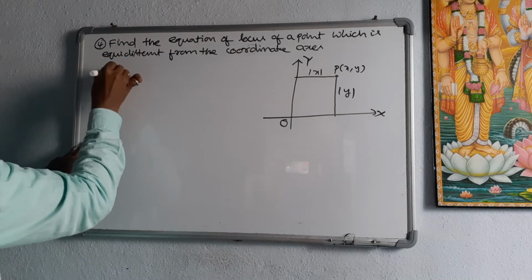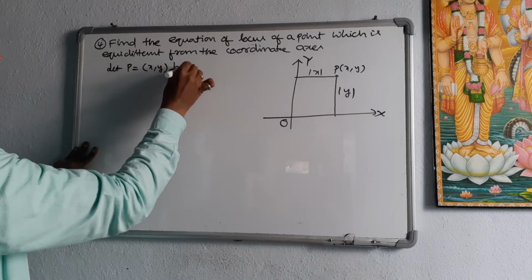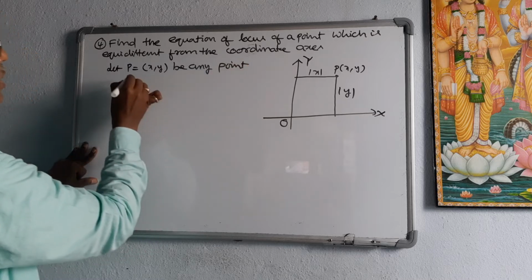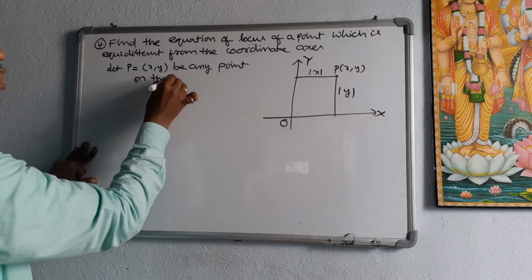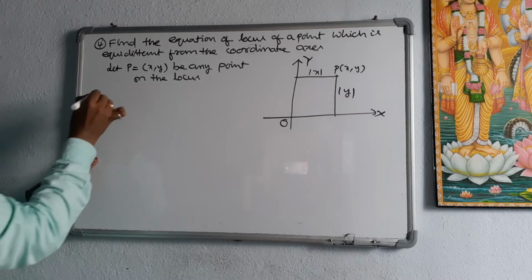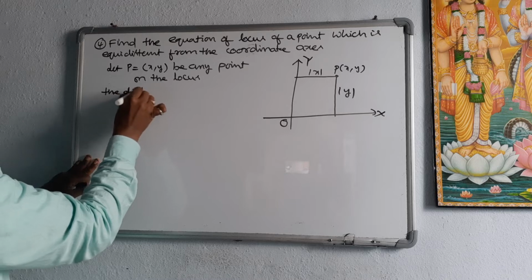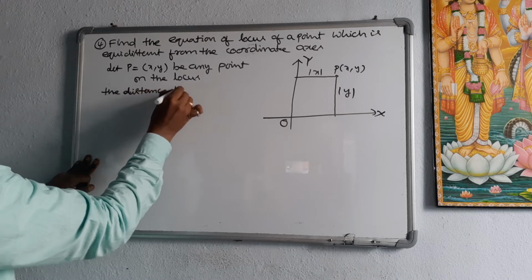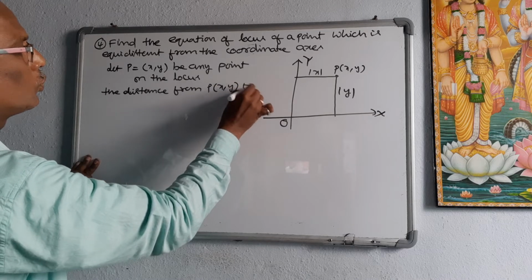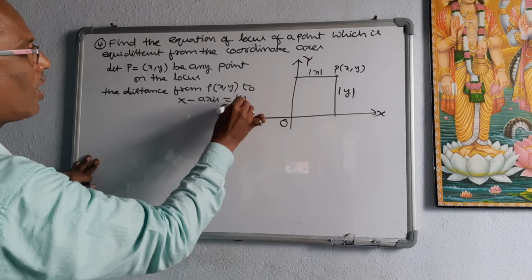Let P x comma y be any point on the locus. The distance from P x comma y to x-axis equals mod y.